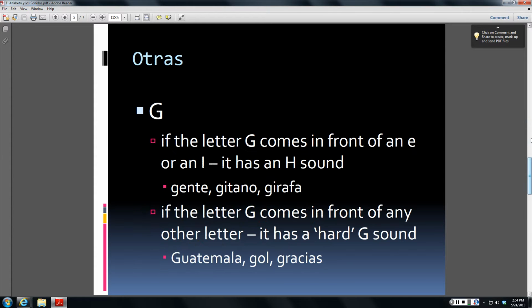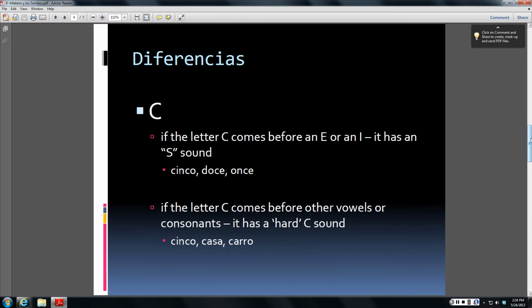Alright, let's talk about some differences in some letters. The letter C in Spanish, if it comes in front of an E or an I, has an S sound, like the words cinco, doce, or once.